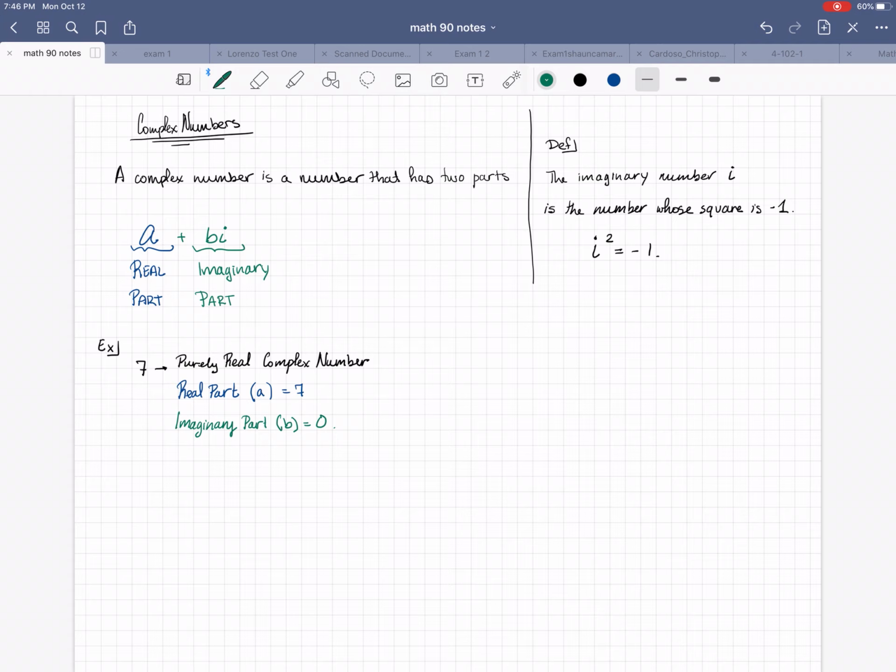All right, let's look at another complex number. How about this? How about 3i? Okay? So this is on the other side of the spectrum. This is the number that is purely imaginary. So it's a purely imaginary complex number.